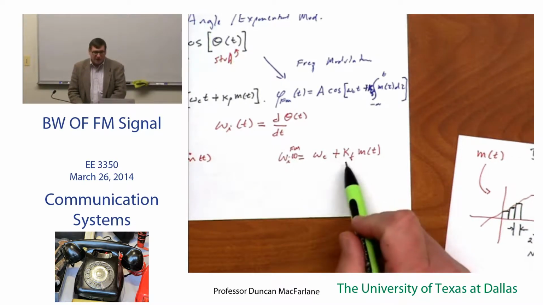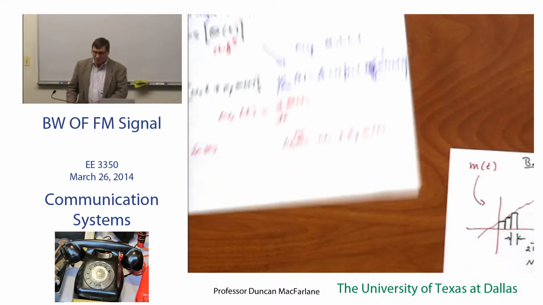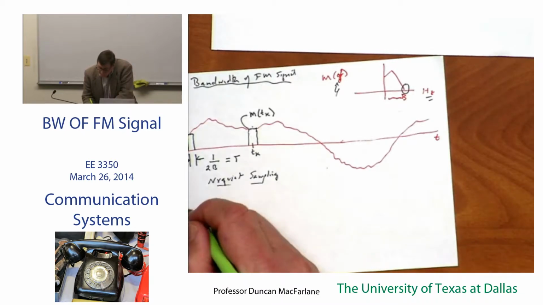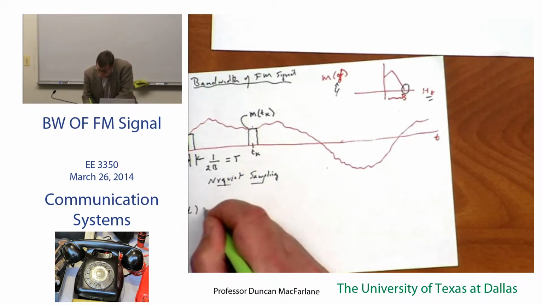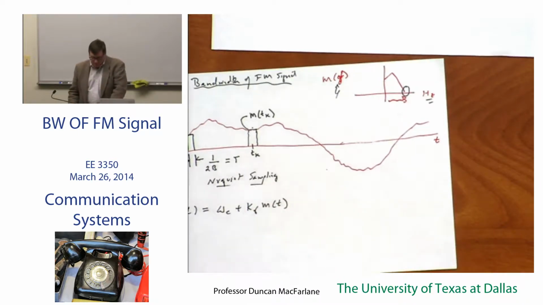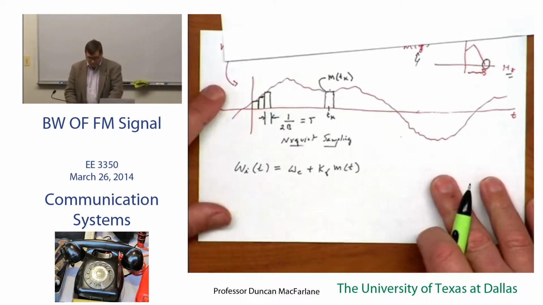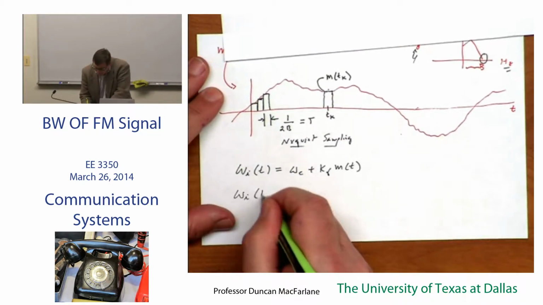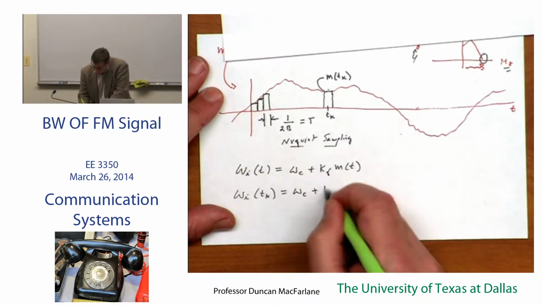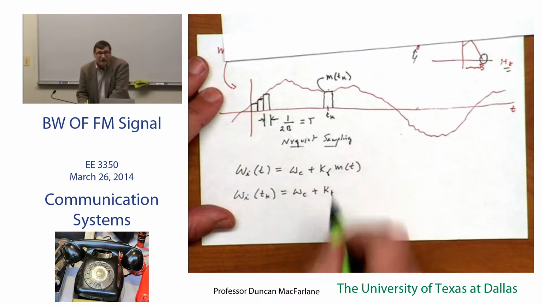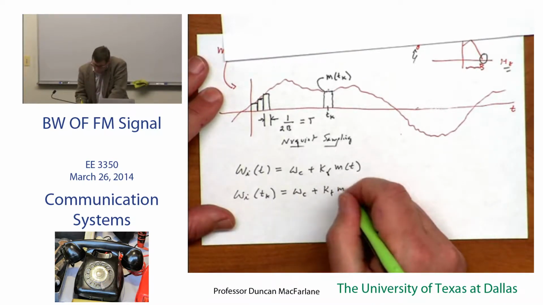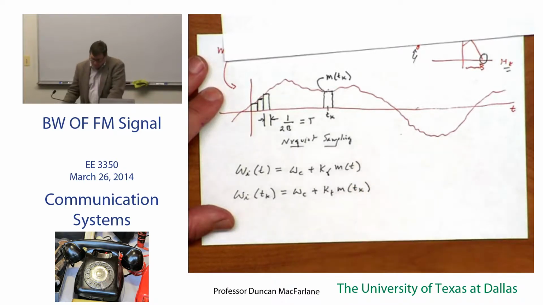So if my instantaneous frequency is that, then the instantaneous frequency at some arbitrary point t sub k is going to be the carrier frequency plus kf times whatever the single value is for m of t at t equals t sub k.